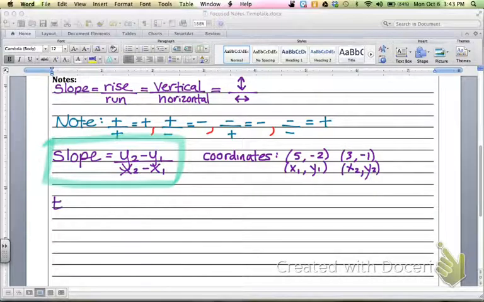So if we do an example with the coordinates we just used up there, I want to find the slope between 5, negative 2 and 3, negative 1. We have that equation for slope that we just looked at.